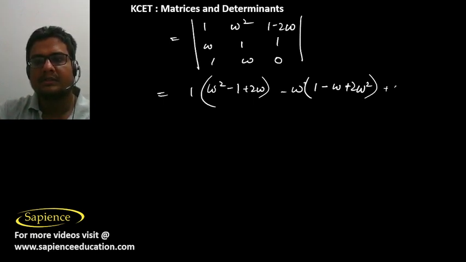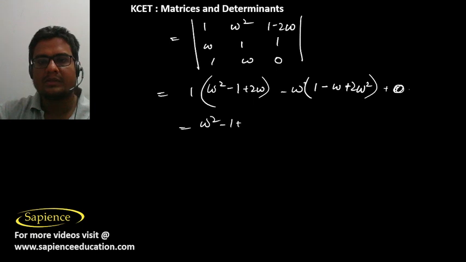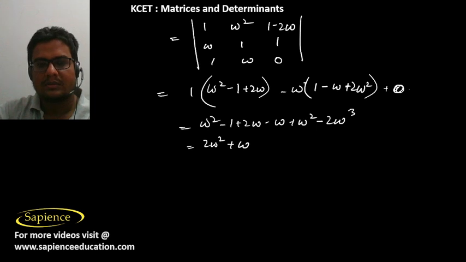Then plus 0 into something is 0 only. So then this will be omega square minus 1 plus 2 omega minus omega plus omega square minus 2 omega cube. So this will be 2 omega square plus omega minus 1 minus 2.